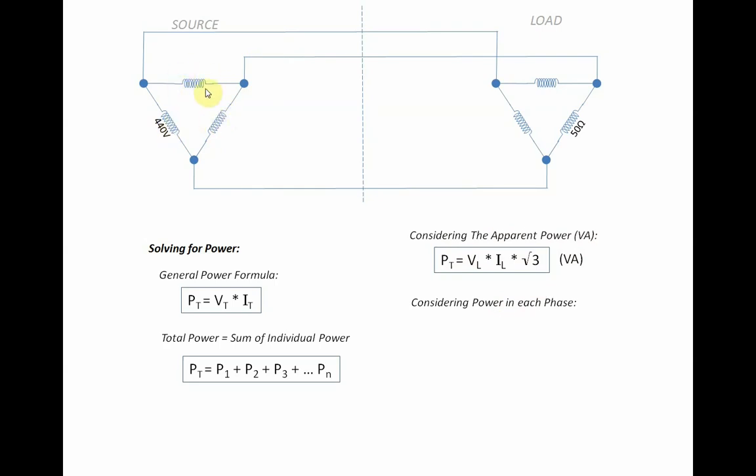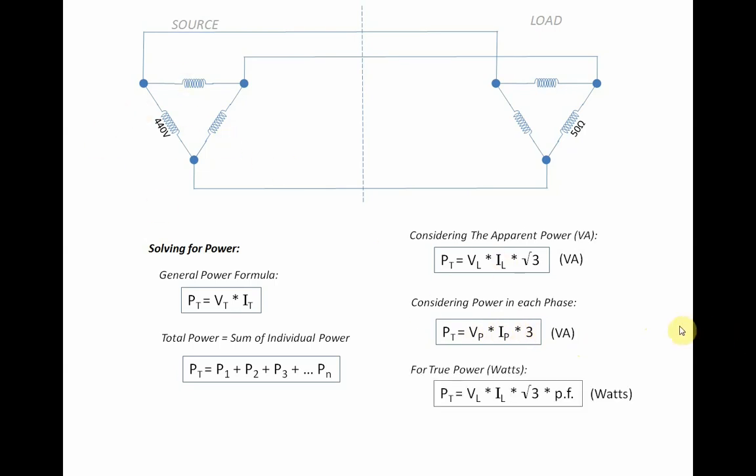But how will we solve for each of the powers here? We say the phase voltage times the phase current times 3, because each of the powers here is the same. So instead of writing Vp times Ip plus Vp times Ip plus Vp times Ip, we say Vp times Ip times 3, because there are 3 phases here.